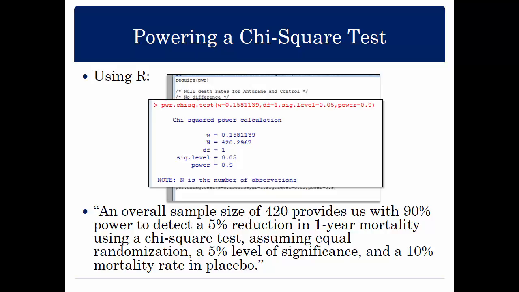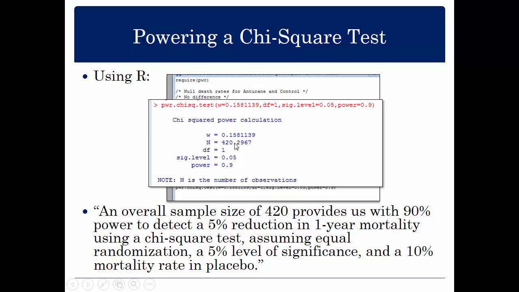Notice that there are a lot of assumptions here. Assuming we randomize equally, assuming a 5% level of significance, and also assuming that this is what we end up actually observing in placebo. If we don't observe approximately a 10% mortality rate in placebo, then my sample size calculation may be off. I may actually be overpowered or underpowered.